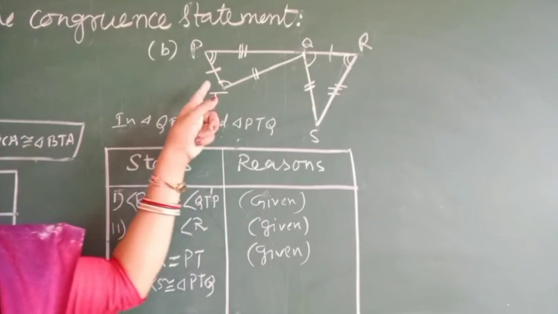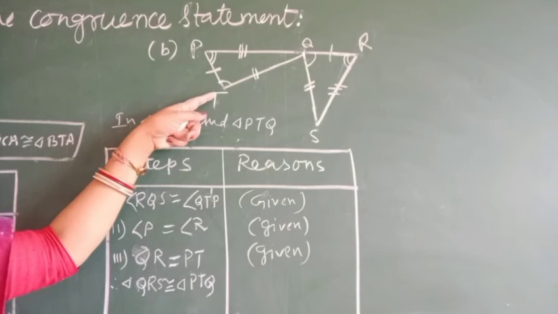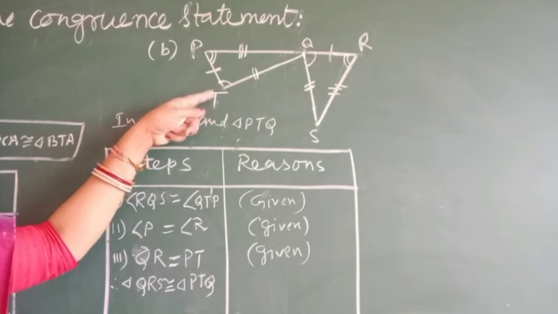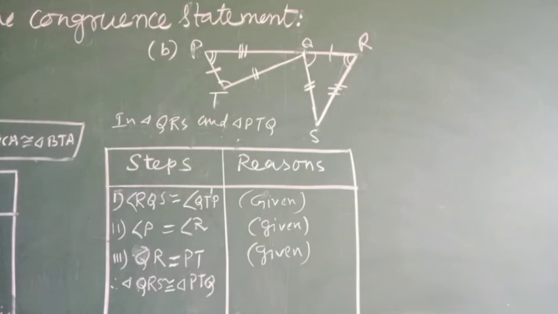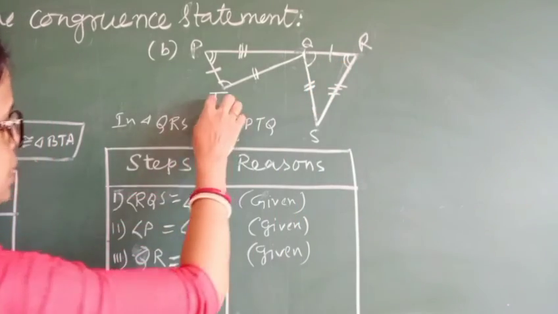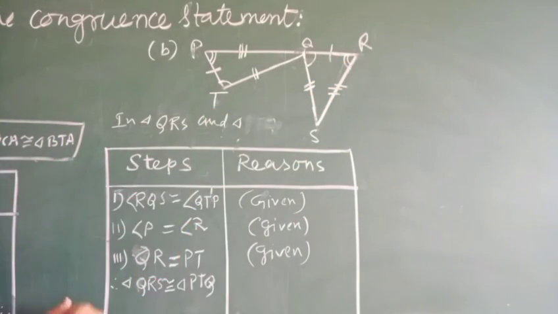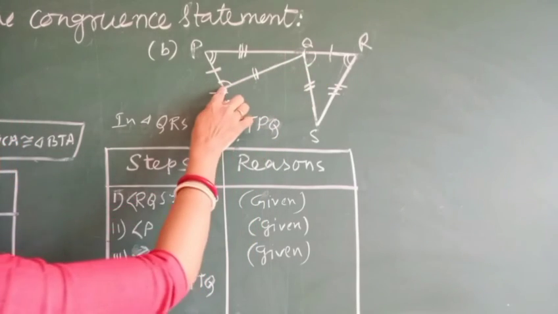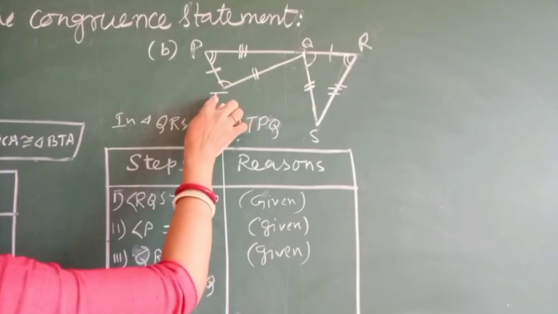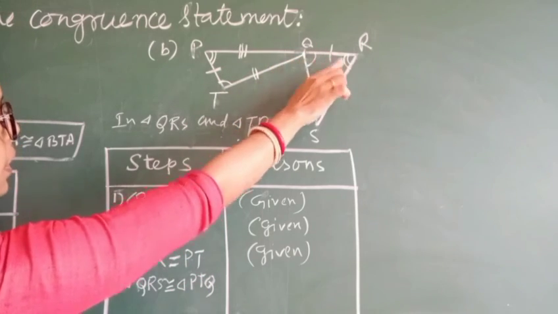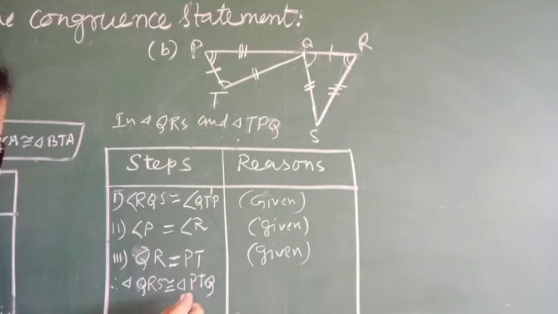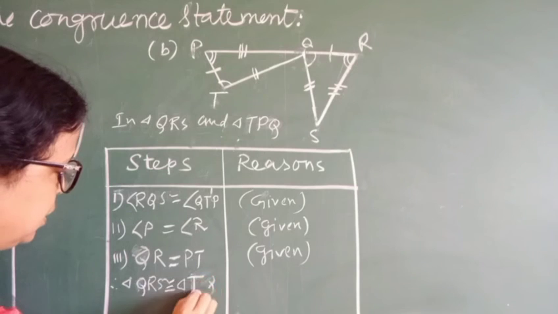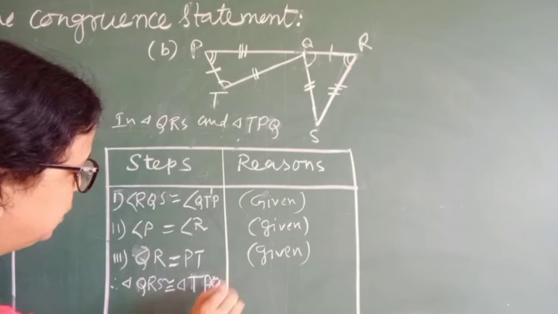QRS is congruent to TPQ, not PTQ. We will say that it is TPQ. Why? Because Q resembles Q, same as Q. This angle is the same as angle T. So triangle TPQ.